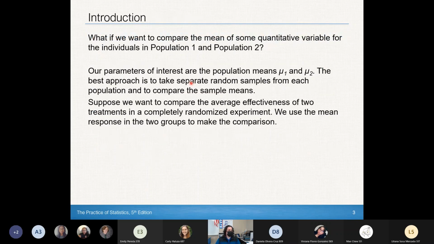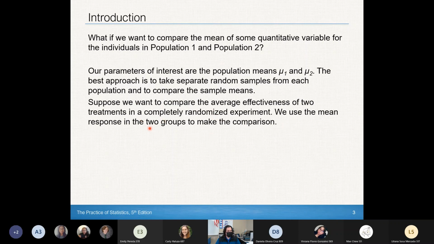All right, so what if we want to compare the mean of some quantitative variable for the individuals in population 1 and 2? Our parameters of interest are the population means mu1 and mu2. The best approach is to take separate random samples from each population and to compare the sample means. Suppose we want to compare the average effectiveness of two treatments in a completely randomized experiment.